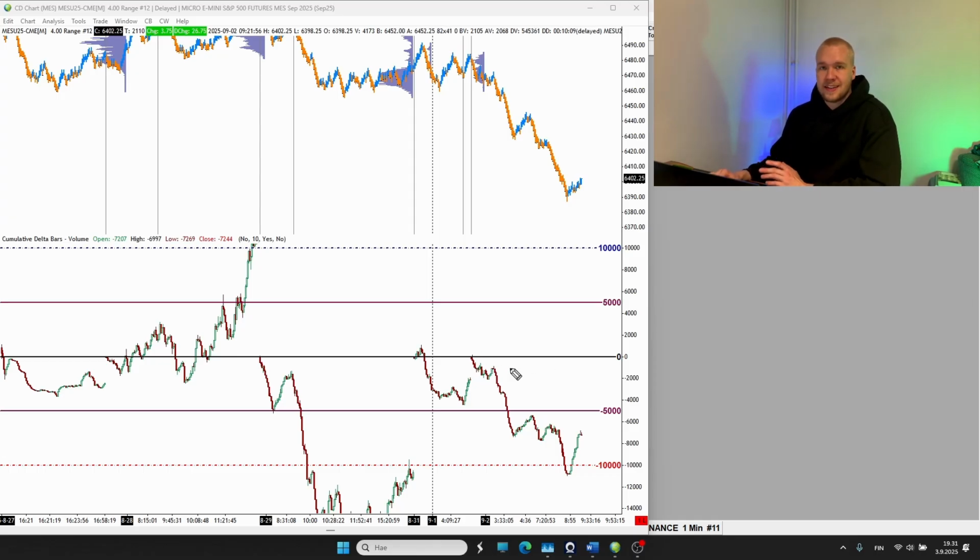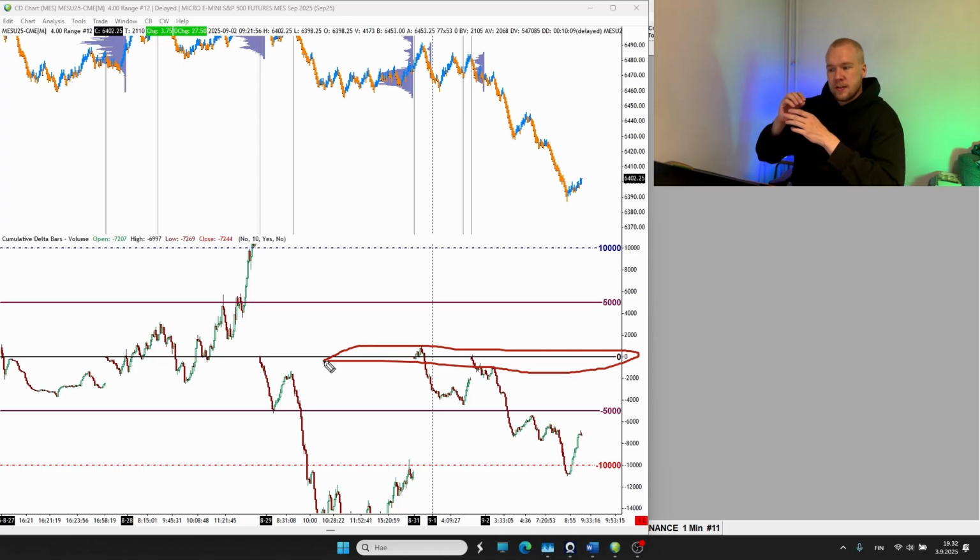If we take the example of today, we can see that cumulative delta is negative. It is below 0. So it can either be negative or positive. And you can see on this chart that I have actually made the 0 have its own line, and it is for this very purpose.